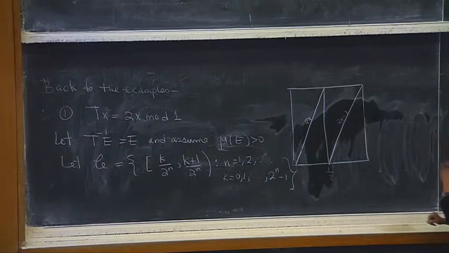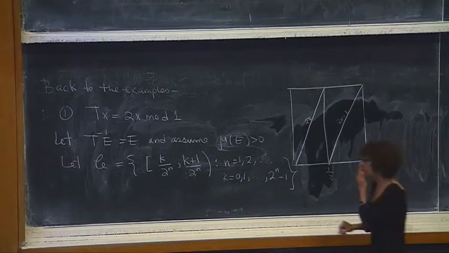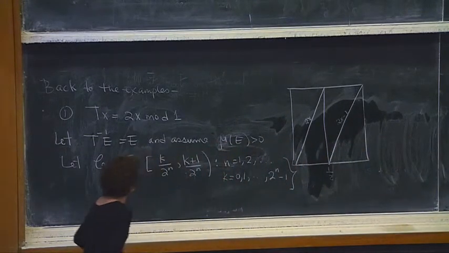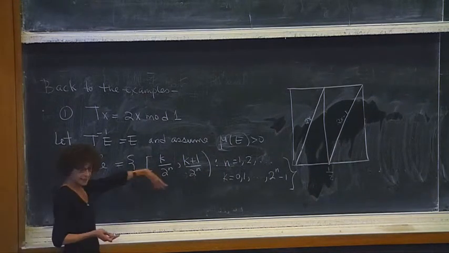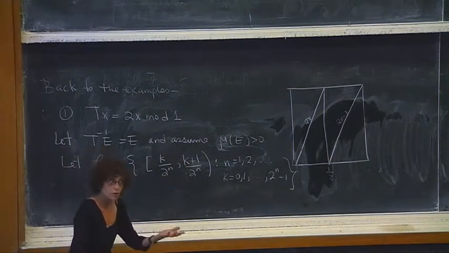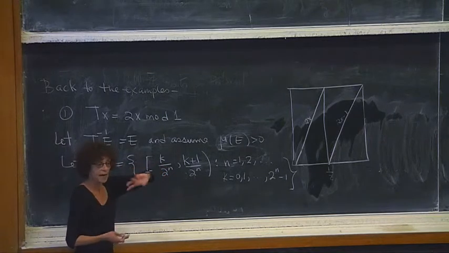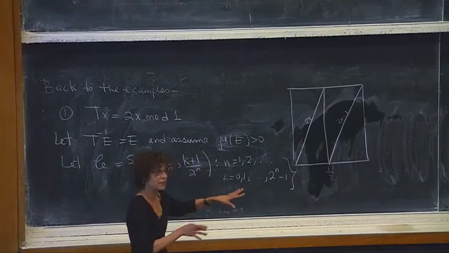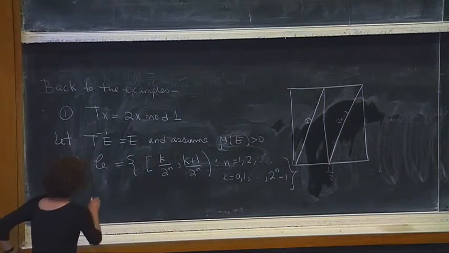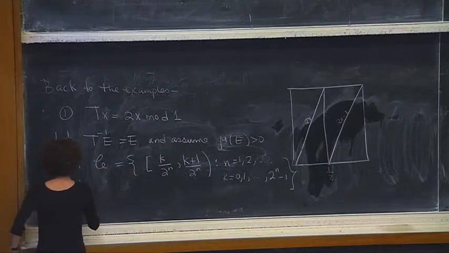Now this collection generates. Anything can be approximated by dyadic rationals. You can also see it because the dyadic rationals are dense. And you can also see it because these are intervals and the diameter shrinks to 0. Anytime you have intervals with diameter shrinking to 0, they are generators. So this satisfies 1 of Knopp's lemma.